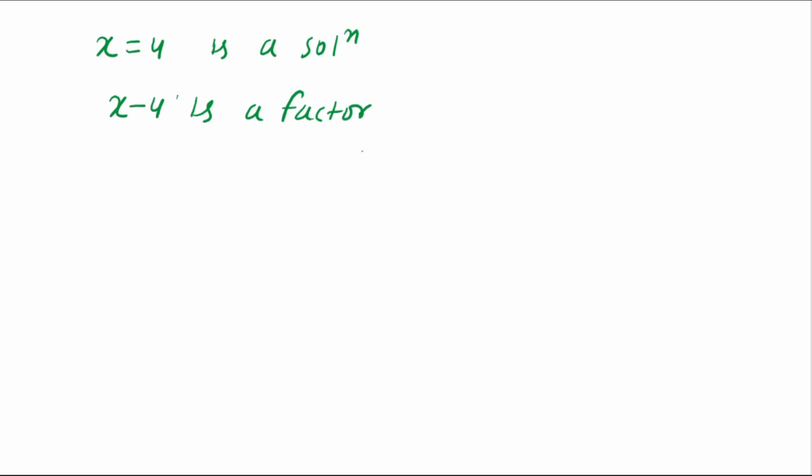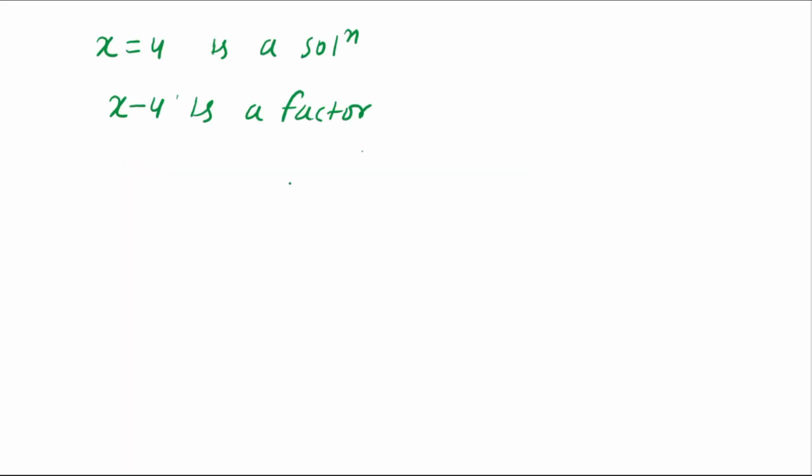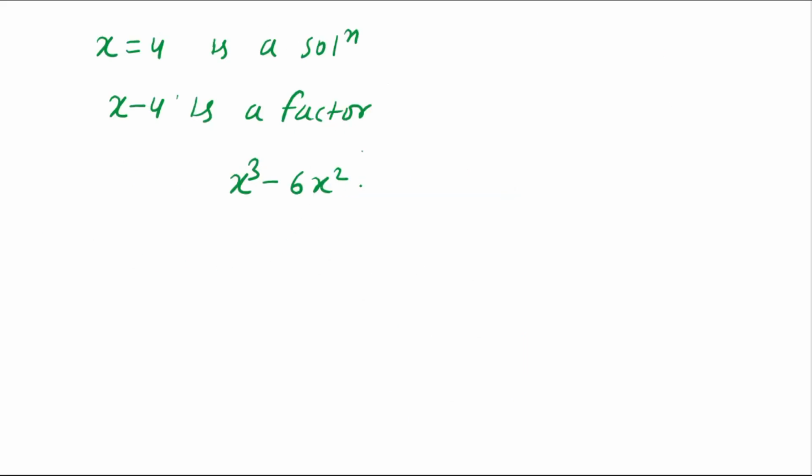Now the cubic equation is x cube minus 6x square plus 9x minus 4, divided by x minus 4.